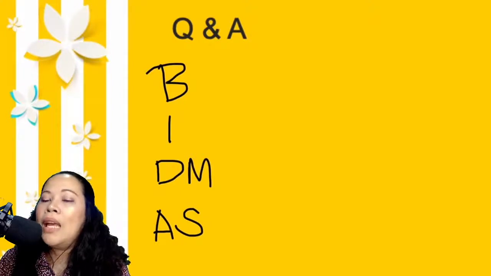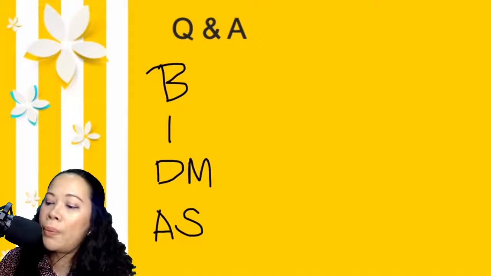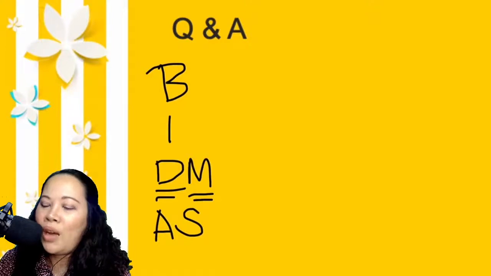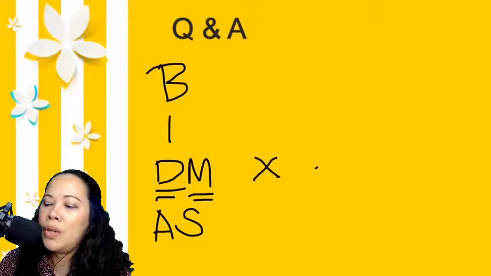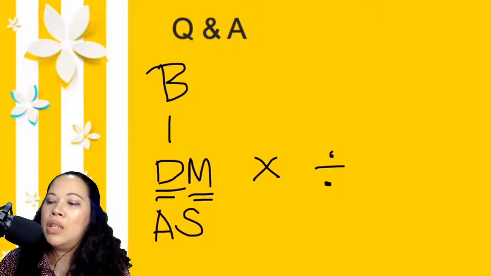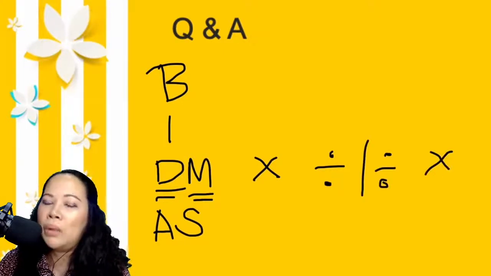Okay, but it will only differ because we write from left to right. That means whichever operation comes first must be dealt with before the other. So if it's multiplication first before division, then we do the multiplication, then the division after. But if it's division then multiplication, then we do division and then multiplication after.